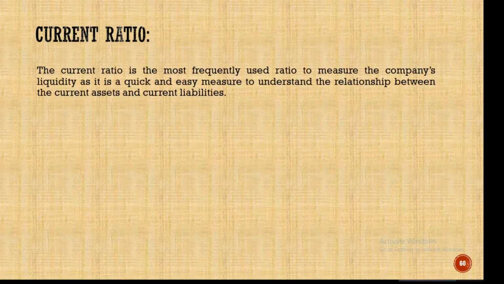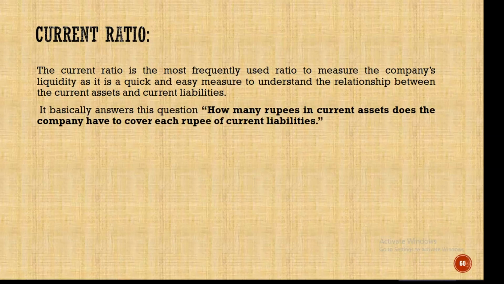The current ratio is the most frequently used ratio to measure the company's liquidity, as it is a quick and easy measure to understand the relationship between the current assets and current liabilities.